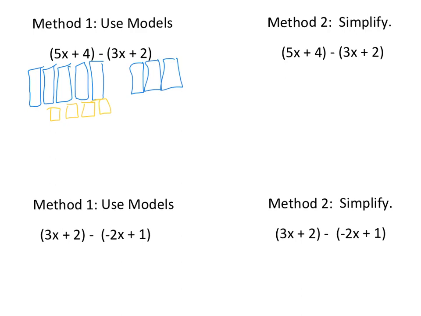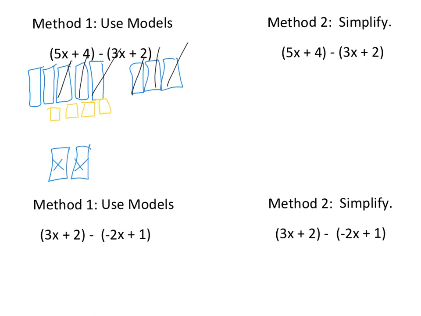And because I'm subtracting, I'm actually going to take away my zero pairs. So I will take 1 from here, and that would take 1 from there. Take 1 from here, 1 from here, 1 from here, and 1 from here. And that leaves only 2 of the longer rectangles, which are just the x value.